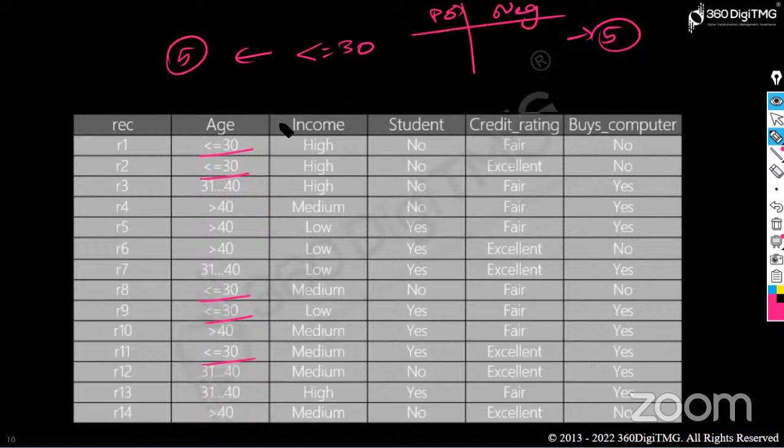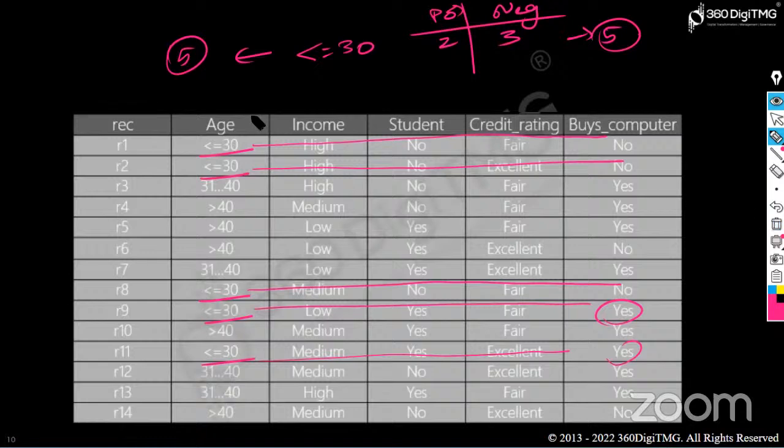Now under this, for this option, you have no, no, and no. The other two are yes. Now, how many no's are there? How many yes are there? So no is 3 and yes is 2.